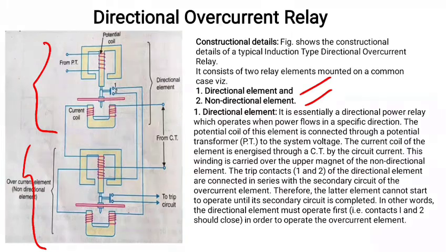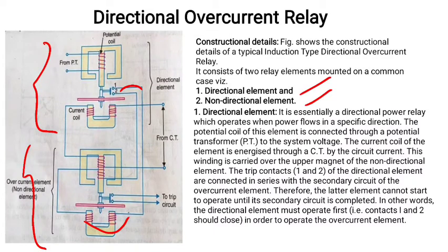Once the disc rotates, it closes the contacts of the secondary winding of the overcurrent relay, and hence flux will be produced by the lower magnet of the overcurrent relay. So once this gets closed, this will get energized.